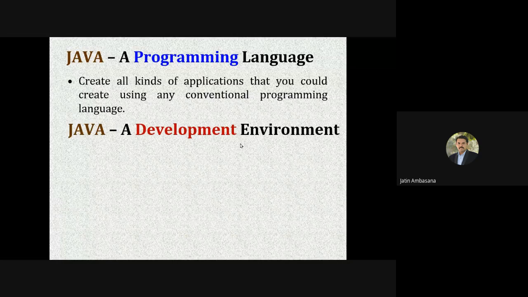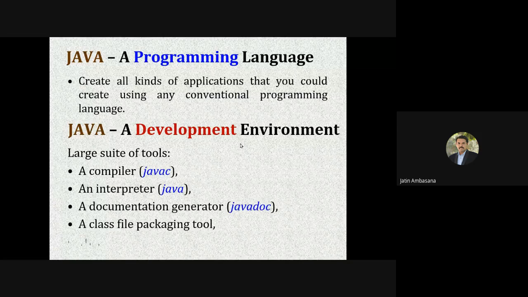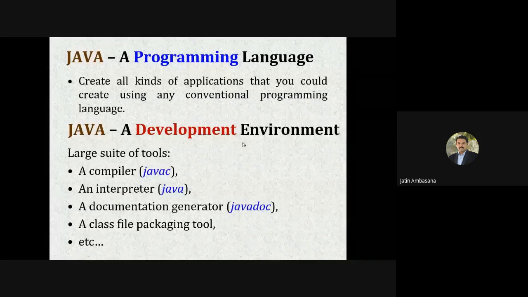And if we take Java as a development environment, then there is a large suite of tools available, like the Java compiler, the javac command, and the Java interpreter, available using the java command. A Java documentation generator is there, which can generate documents directly from the comments that you have given in the Java program.